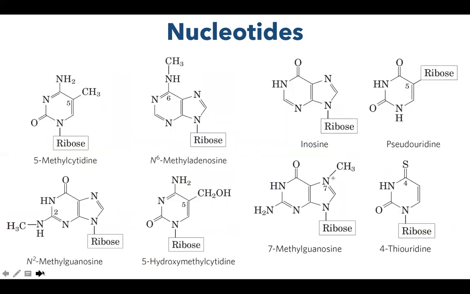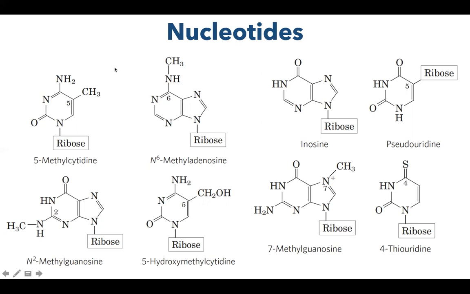Now, aside from these five nitrogenous bases that we encountered, the adenine, guanine, cytosine, thymine, and uracil, there are also less common nitrogenous bases found in your nucleic acids.